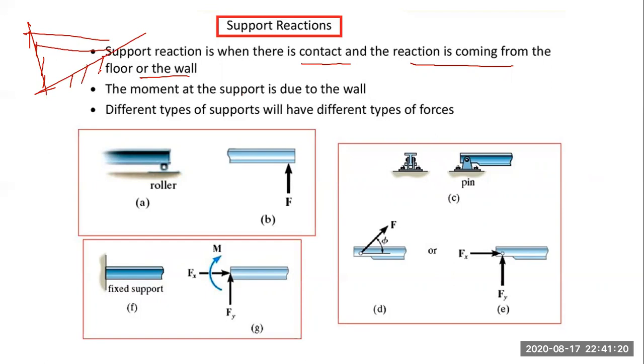One reaction will be given by the floor, another will be given by the wall only. There is nobody except the wall and the floor to exert or react on the physical body like a ladder, block, or whatever.